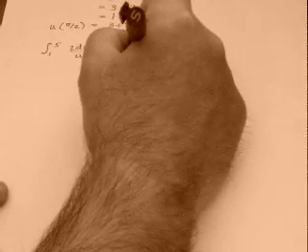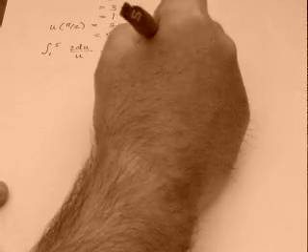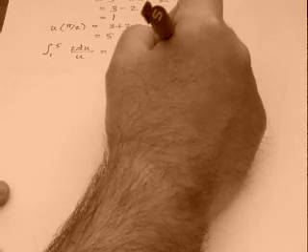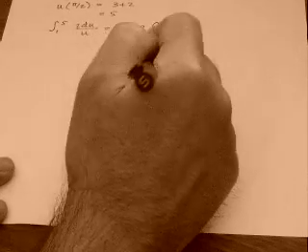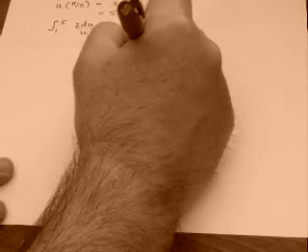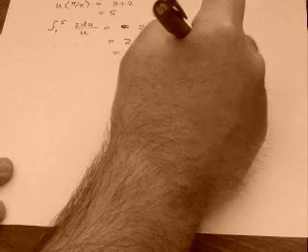So now we have the definite integral from 1 to 5 of 2 du over u, and you can write it like this: 2 times the integral from 1 to 5 of du over u, and that's equal to 2 ln absolute value of u evaluated from 1 to 5, and in this case you don't really need the absolute value bars, so that's 2 ln 5 minus 2 ln 1.